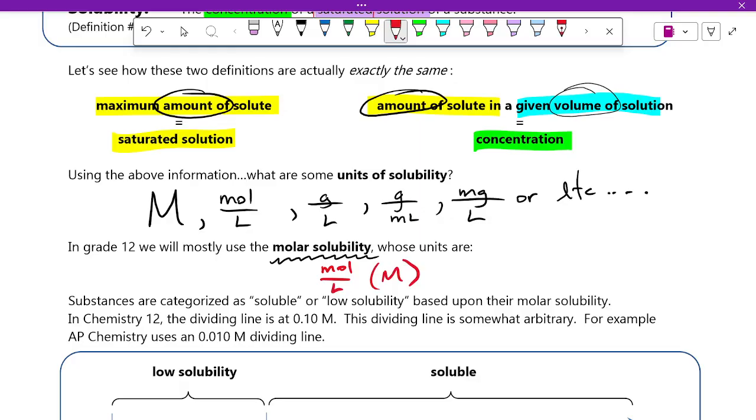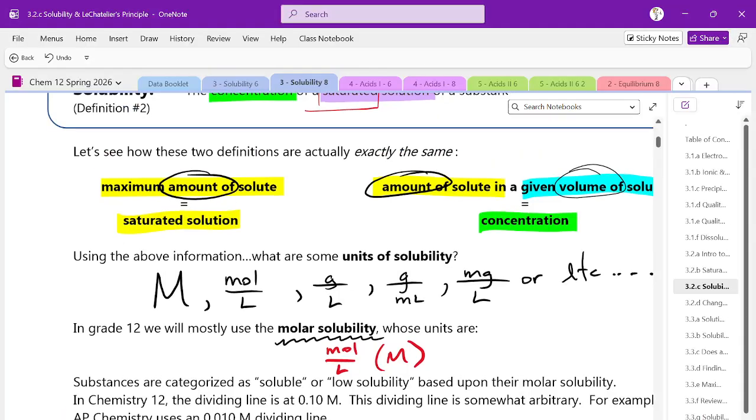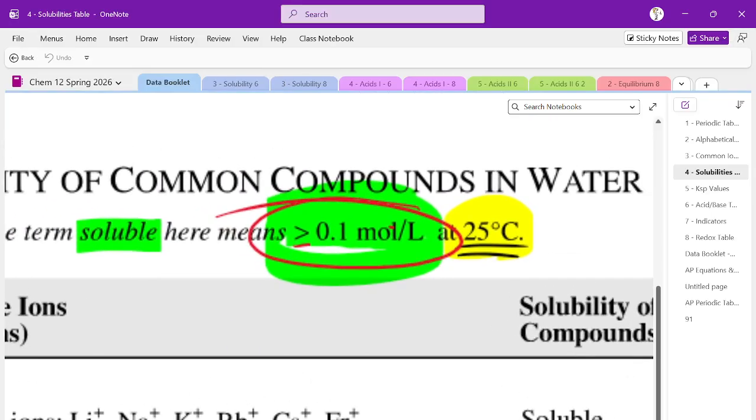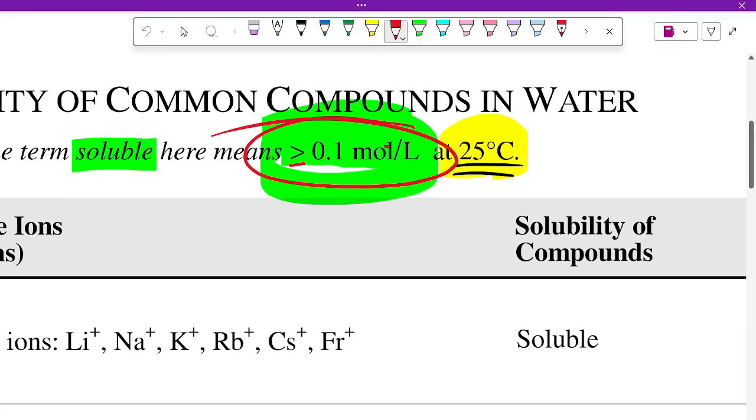Now, on page 4 of your data booklet, if we go up to the top, do you see how soluble means more than 0.1 moles per liter? That is an arbitrary decision.